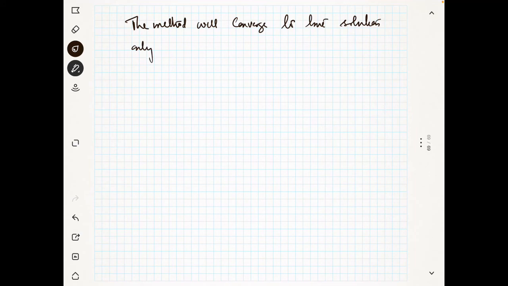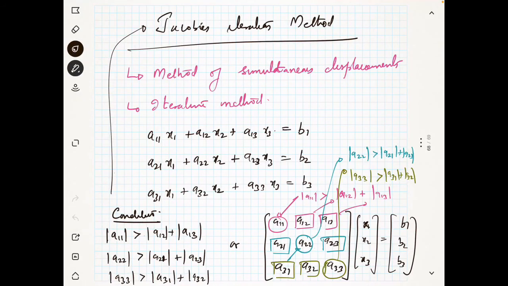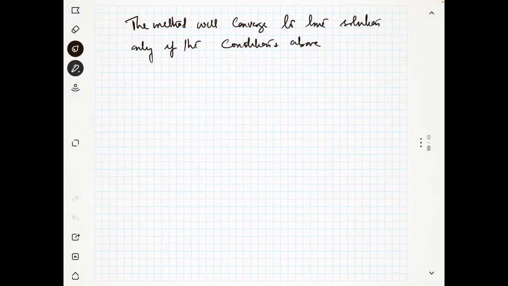The conditions above, that means these conditions, I am talking about these conditions, must be satisfied, otherwise you will not get a correct answer. So before proceeding, you have to first check whether this condition is okay for your problem.